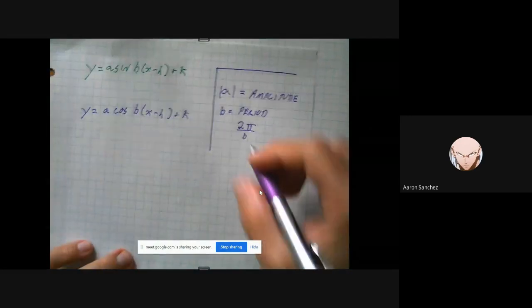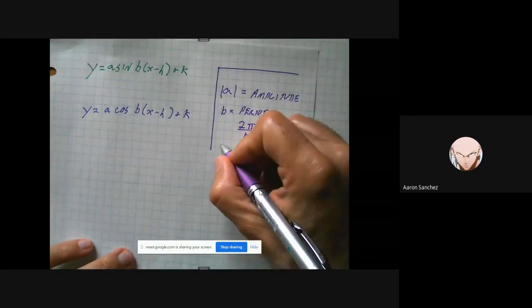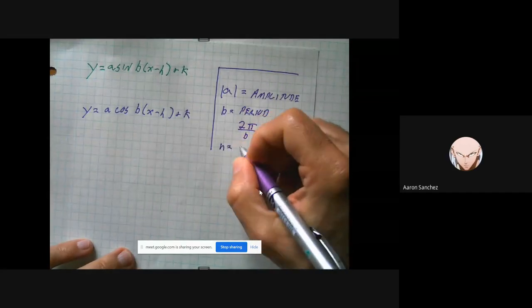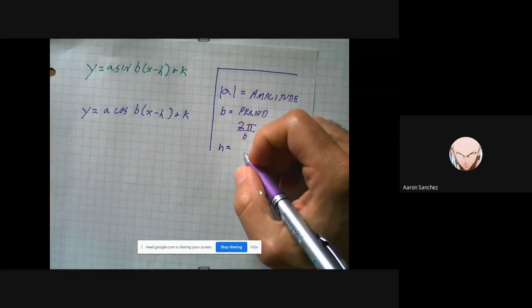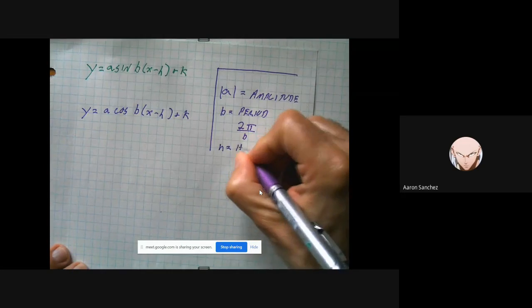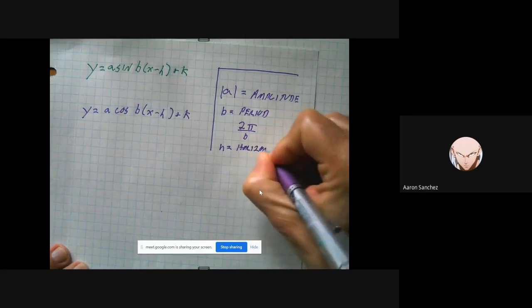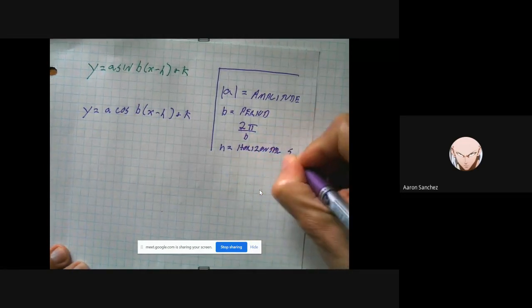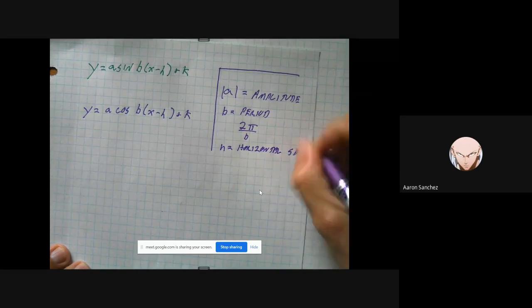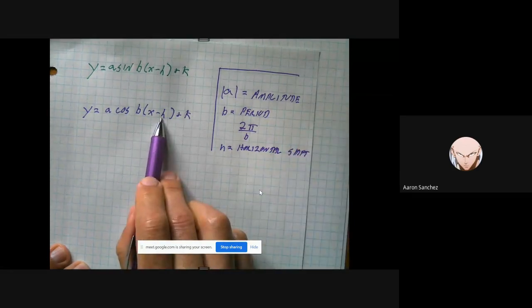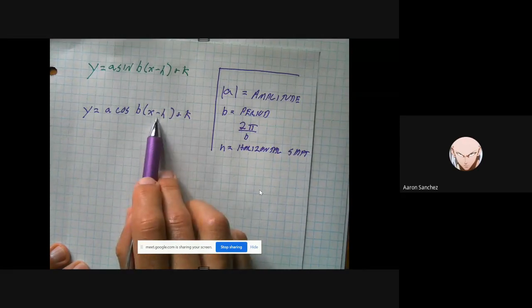And then h is my horizontal shift. Remember, it's a negative h, so plus means left, negative means right. You shift the opposite of what it says. If it's a positive, you shift in the negative direction.